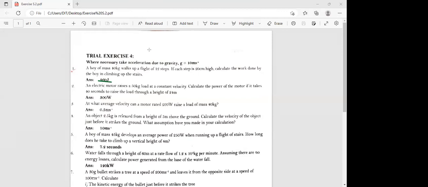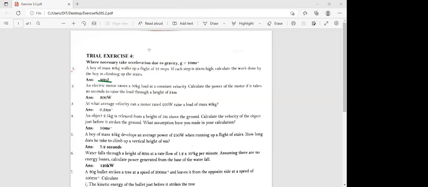Now let us go to number 2. Number 2 tells us that we have an electric motor which raises a mass, or a load, of 50 kilograms at a constant velocity.